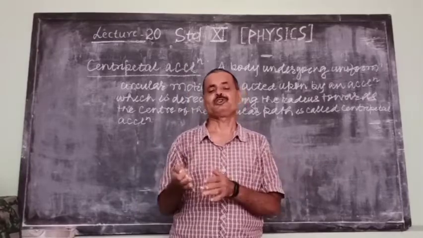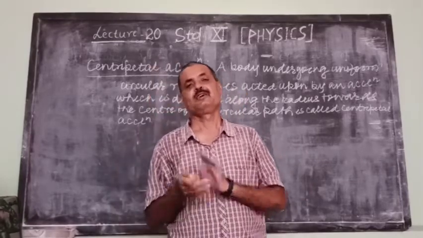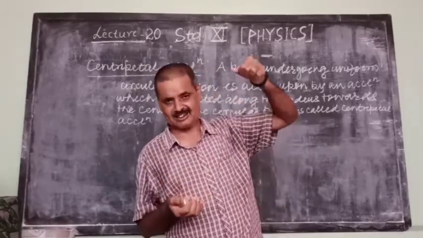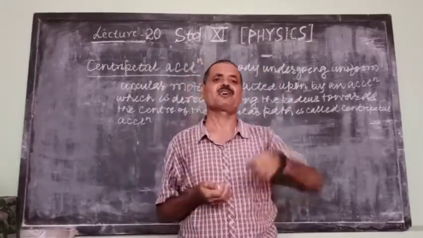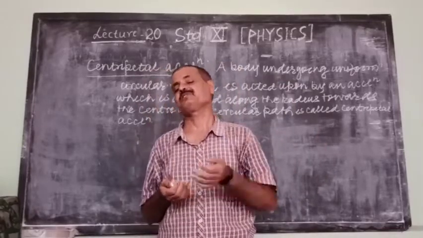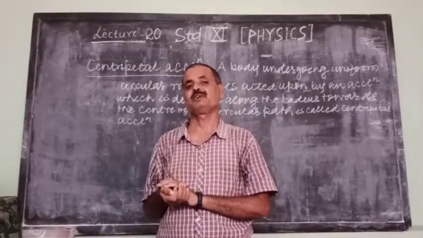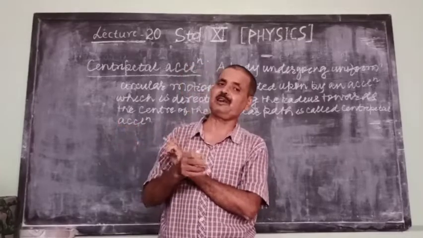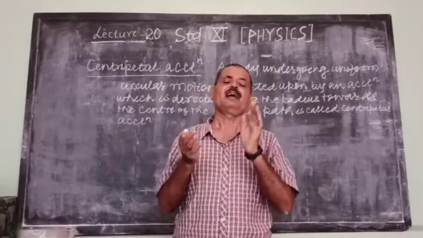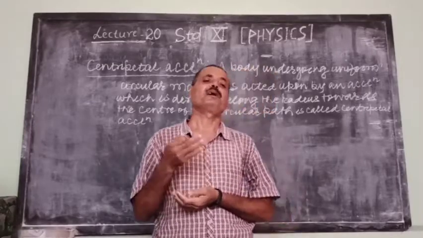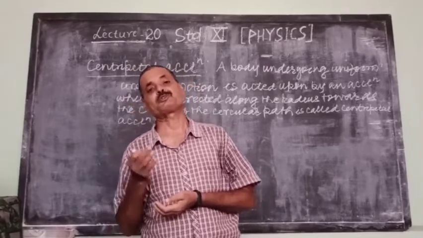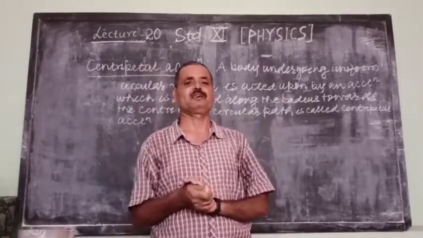Since force is equal to mass into acceleration, the centripetal force means the force acting towards the center or radius. If the value of centripetal acceleration is calculated, and you multiply it by the mass of the body, then the value of centripetal force can be easily calculated.